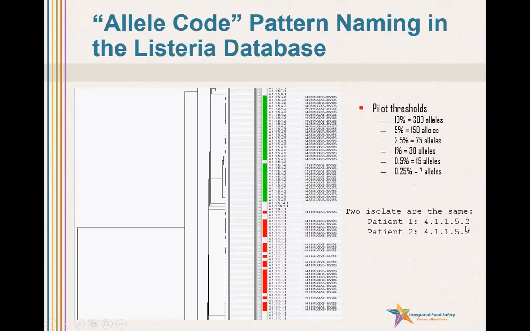If two isolates have exactly the same numbers, they're exactly identical. If they're different in their last number, they're different by up to 7 alleles. If they have the same 3 numbers and they're different in the last 2, they're different anywhere from 8 to 15, etc. So the numbers are designed in a way that they give you some information on similarity and difference between two isolates.